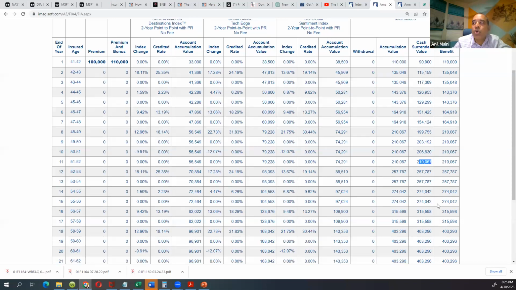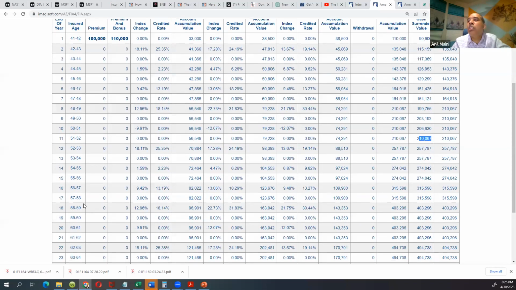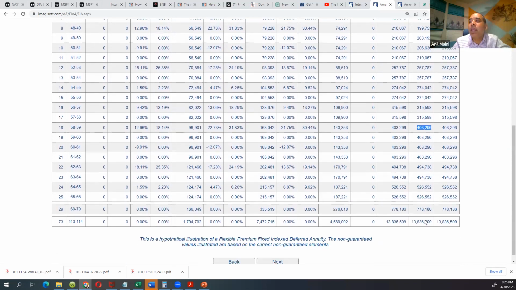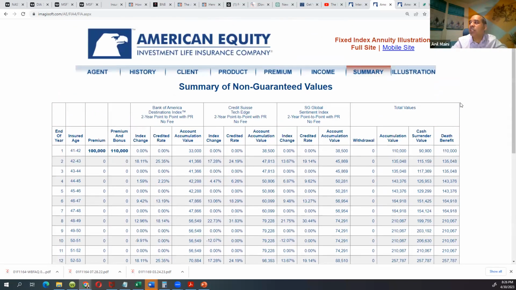Almost every 9 years, the money doubles. So in 18 years, the money will become 400K. And then in another 8-9 years, it will double again to around 800K.